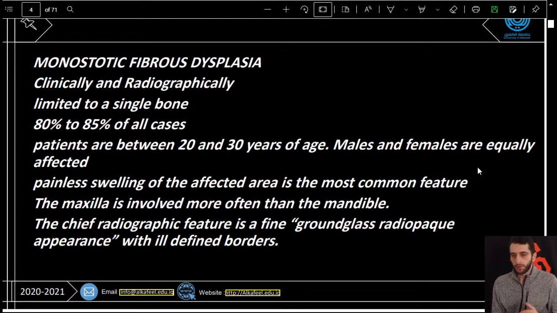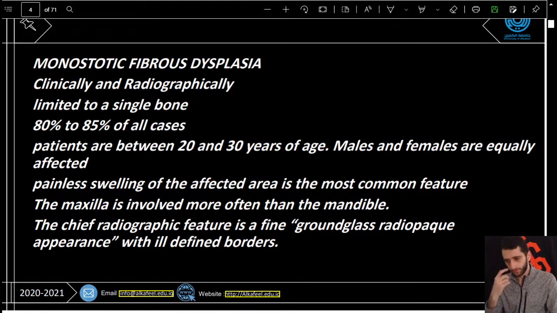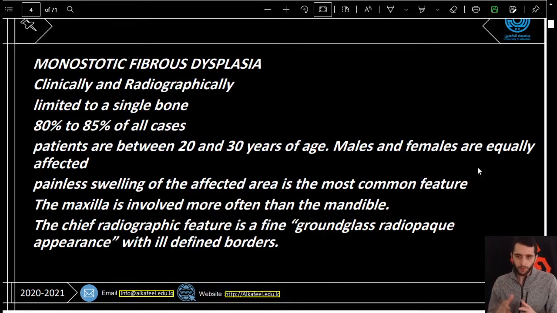First, we talked about fibrous dysplasia in general, just a type of fibrous lesions, what we talked about at the beginning of this lecture. But now we will finish talking in depth about how fibrous dysplasia can affect the bones.